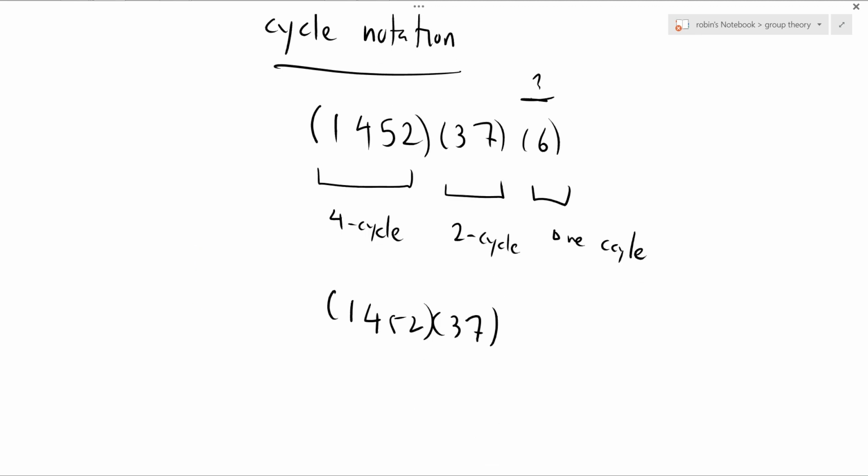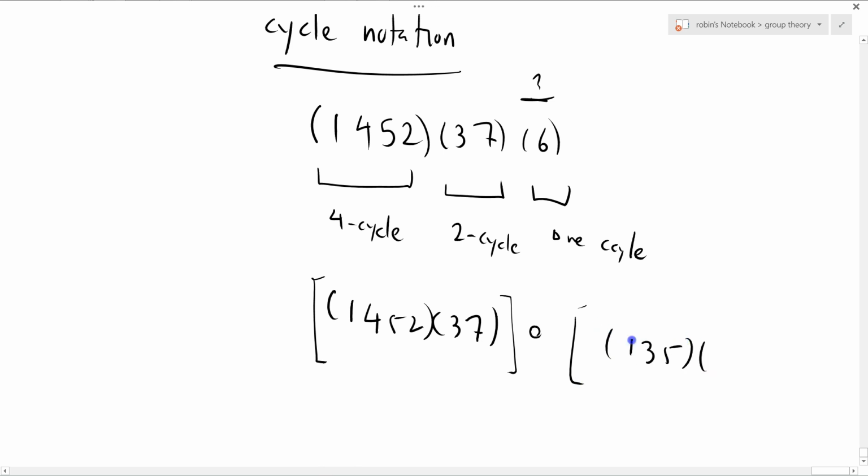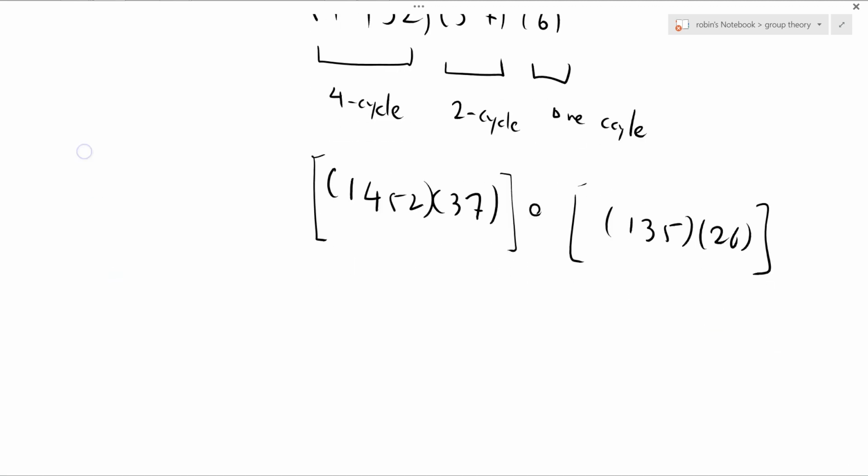Now, what happens if you want to combine this with another element of S7, which I'll put in some kind of square brackets. There we go, and I'll just make one up: (1 3 5)(2 6), let's say. Well, what do we get?